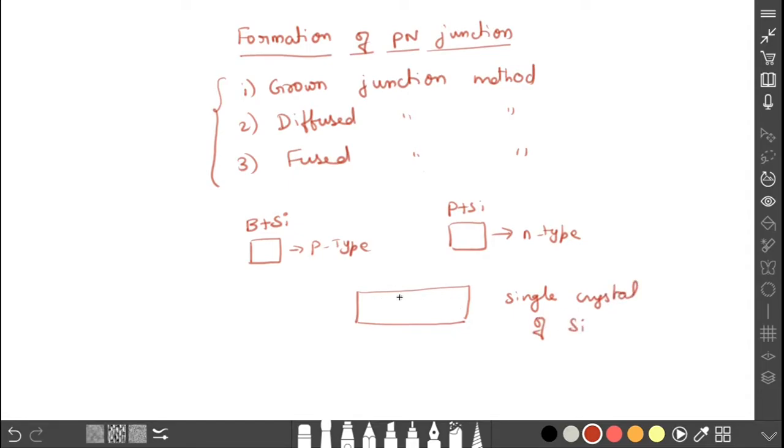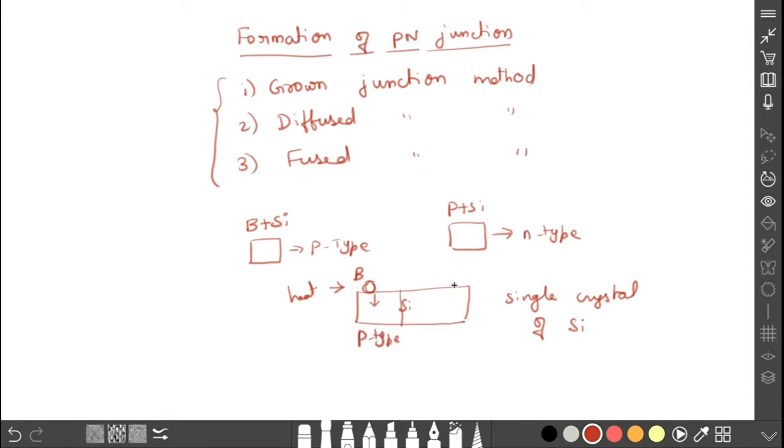At one end of the silicon, they keep a small amount of trivalent impurity like boron, and they apply heat. Due to this heat treatment, the boron slightly goes inside the silicon material and produces p-type here.